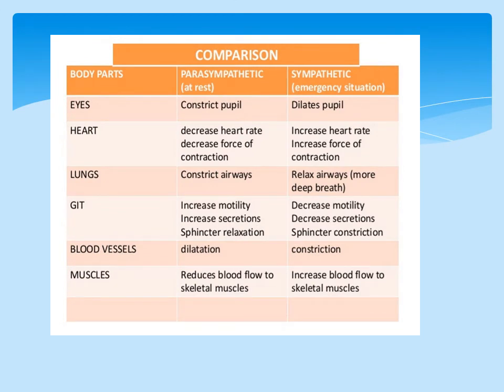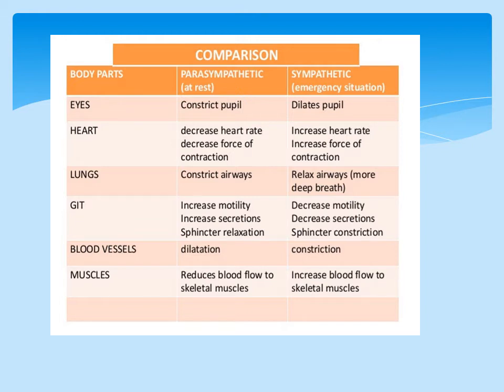After that, everyone knows the difference between the sympathetic and parasympathetic nervous system. In the eye, parasympathetic nerves cause constriction of the pupil, but sympathetic causes dilation of the pupil. In the heart, parasympathetic decreases heart rate and force of contraction, but sympathetic increases heart rate and force of contraction.